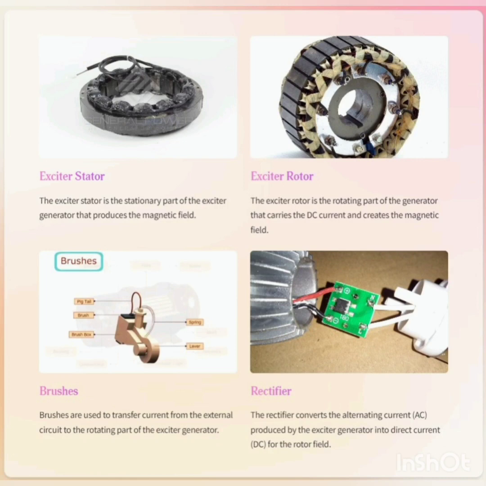Okay, brushes. Brushes are used to transfer the current from the external circuit to the rotating part of the exciter generator. And the last one is the rectifier. The rectifier converts the alternating current, which means AC, produced by the exciter generator into the direct current, DC, for the rotor field.